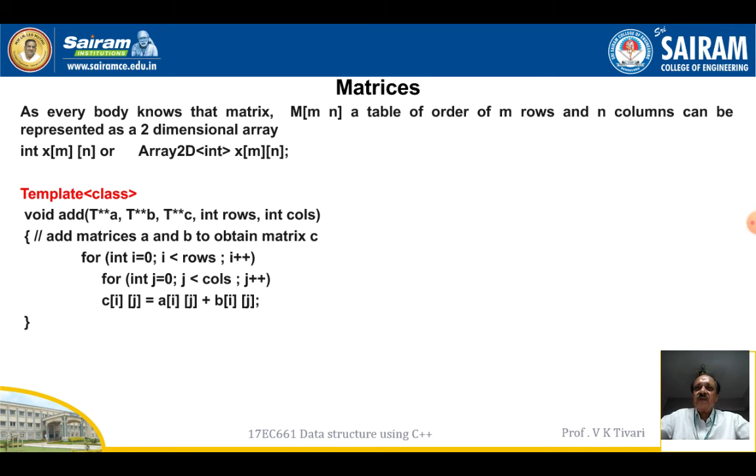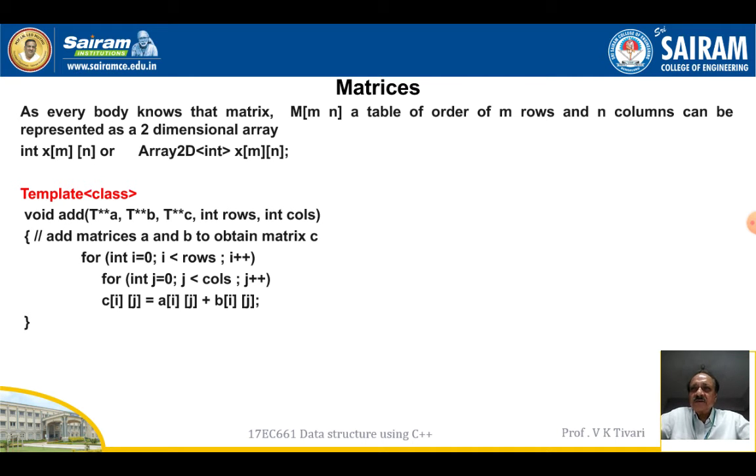Matrices. As anybody knows, a matrix m, which has m rows and n columns, a table of order m by n, can be represented as a two-dimensional array. This is int x[m][n], which is given by a two-dimensional array of integers with angle brackets, and can also be represented as a two-dimensional array template class.